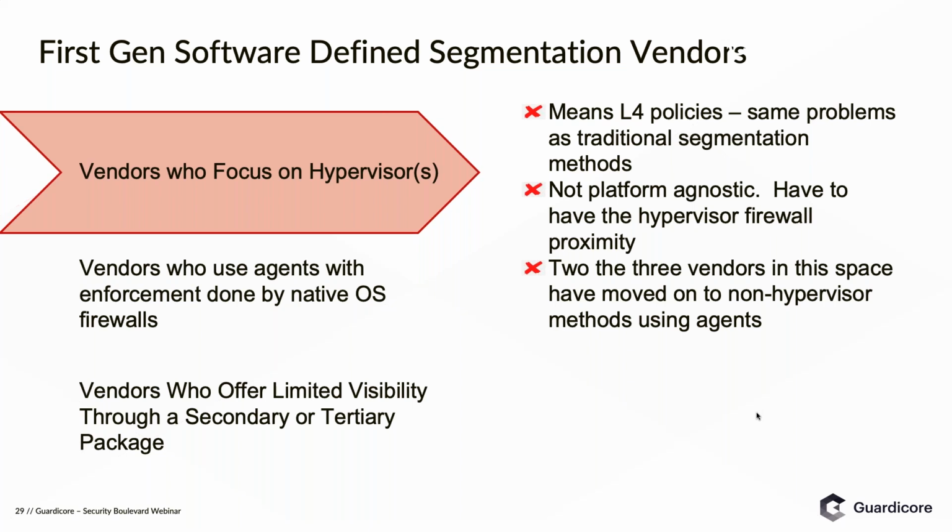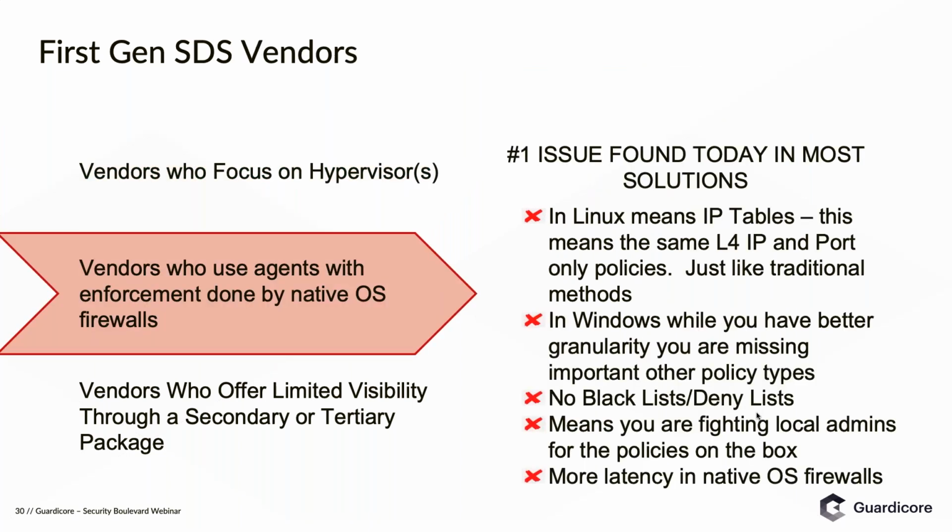Those examples I showed you, trying to do policy by identity, by process, and by fully qualified domain name, you can't do that. So you have the same problems as traditional segmentation methods. They don't secure enough, and on top of that, they're not platform agnostic enough. Whenever you have a hypervisor vendor, you have to be able to talk to their hypervisor firewall, see if they have proximity to it. So it still becomes a bottleneck and a chokehold.